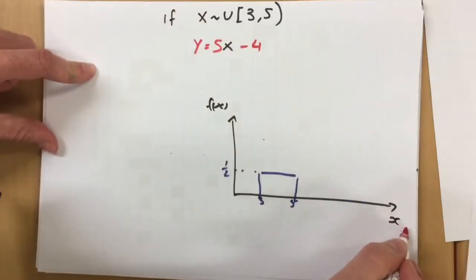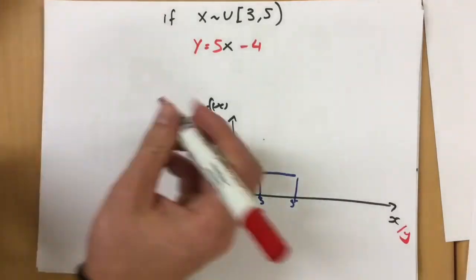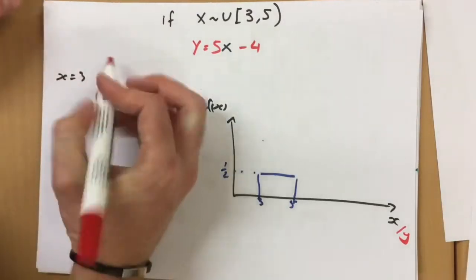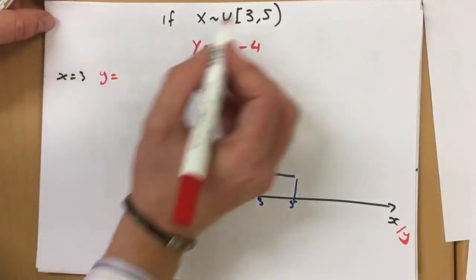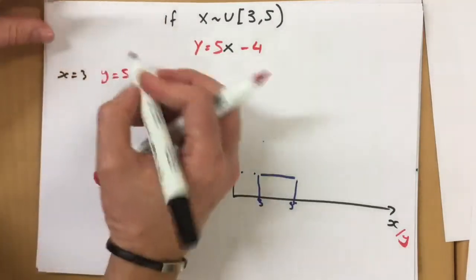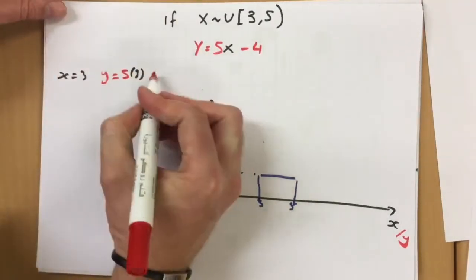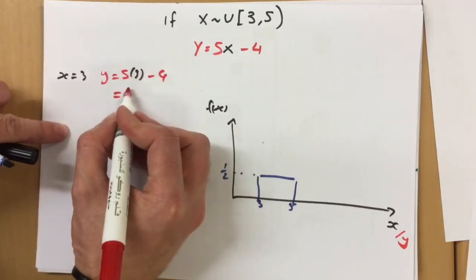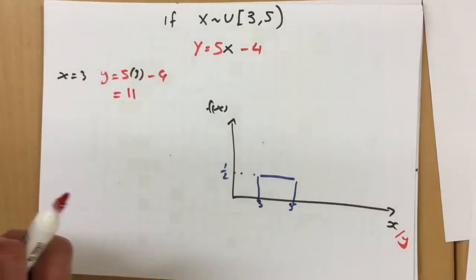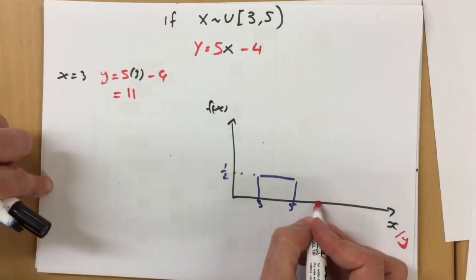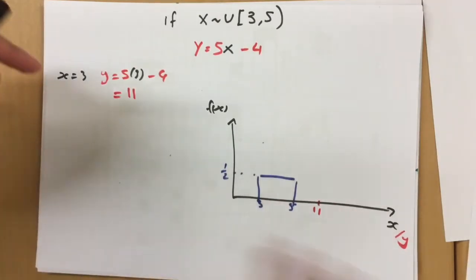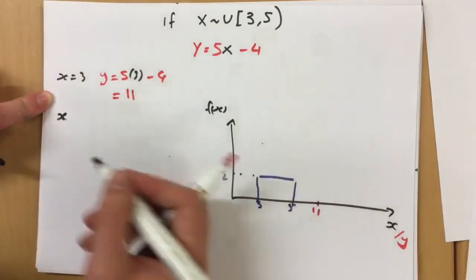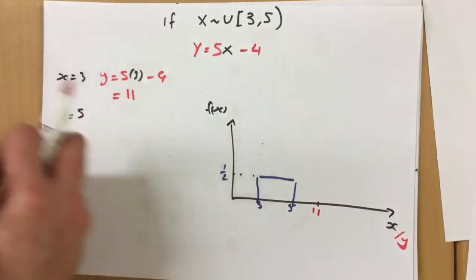Well, when x is 3, which is our lower bound there, y is 5 times 3, take 4. Well, 5 times 3 is 15, take 4 is 11. So the lower value of y is going to be 11, which seems to be about there. Not even close.